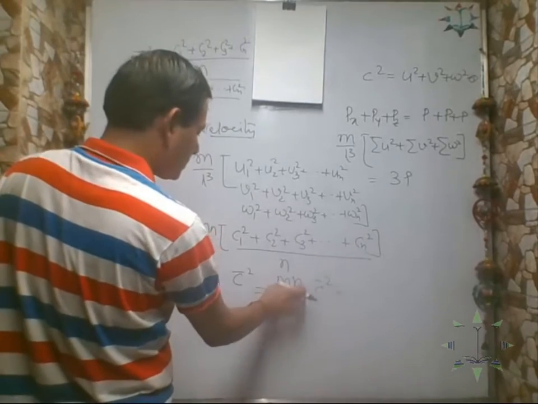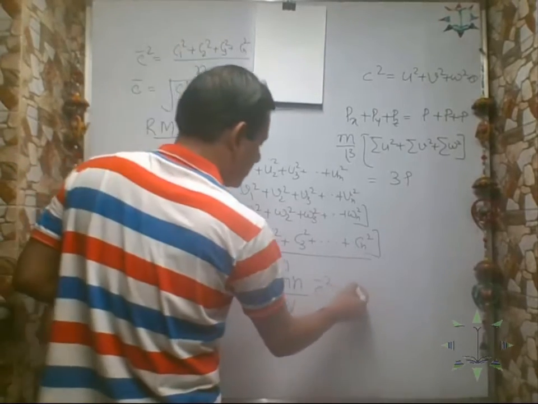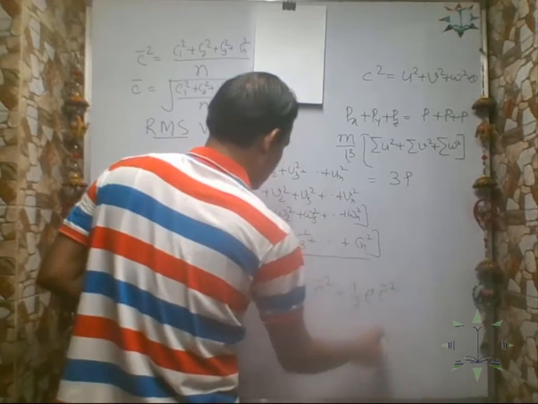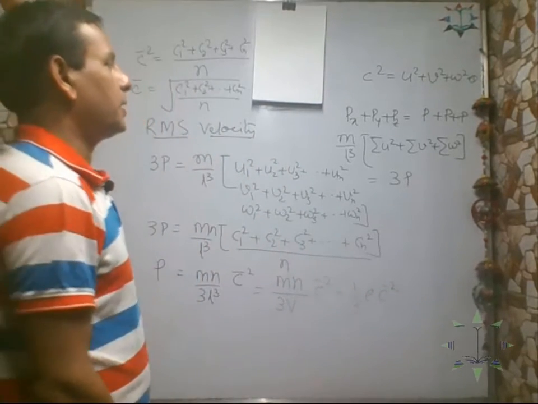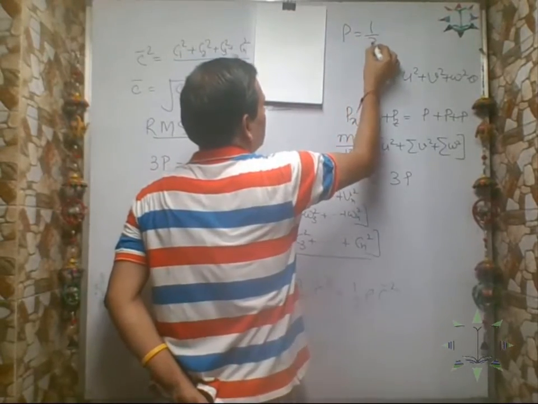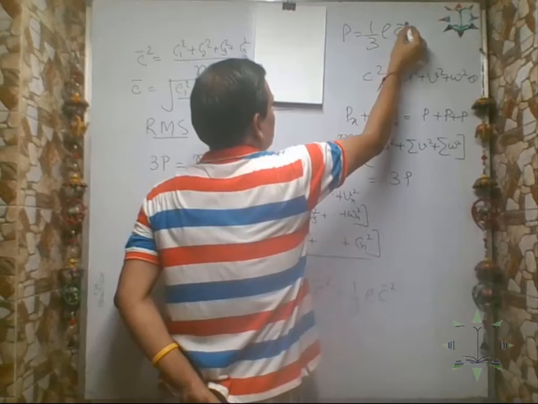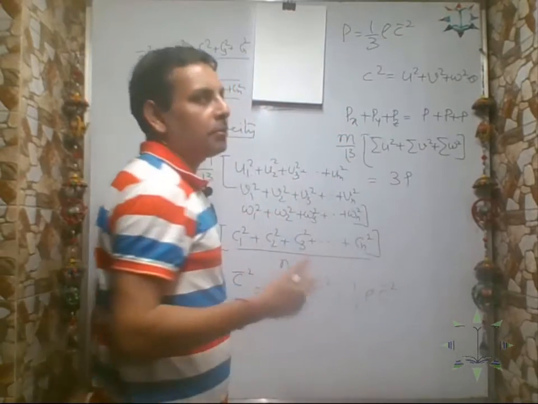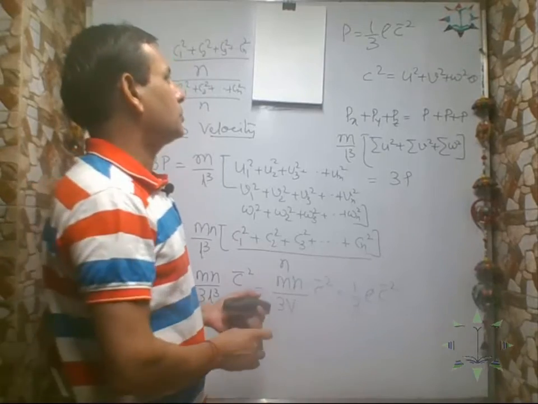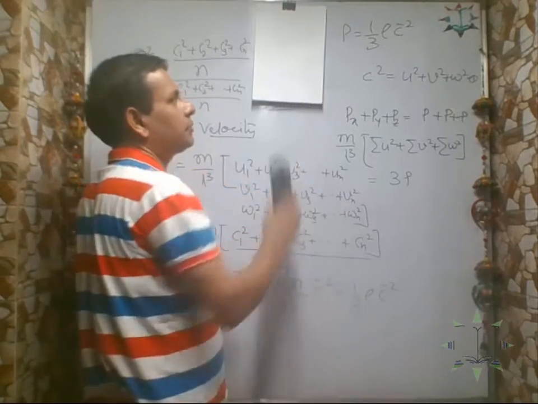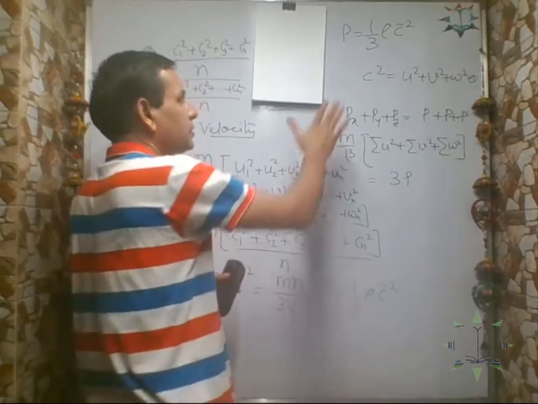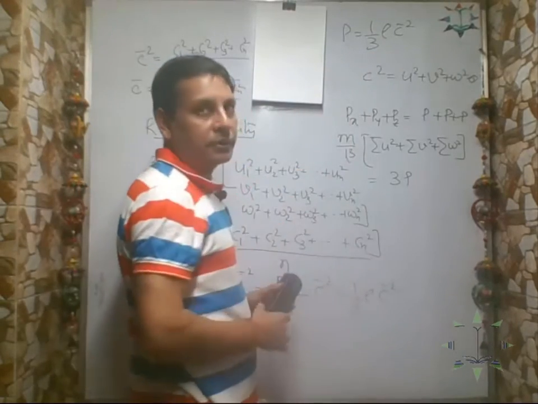So now mass by volume gives the density rho, times C bar square. So what is the pressure exerted by a gas? The pressure exerted by a gas is equal to 1 by 3 rho C bar square. What is rho? Rho is the mass per volume, the density of the gas. Correct? So this is very, very important. Derivation is not important, but this expression is very important.